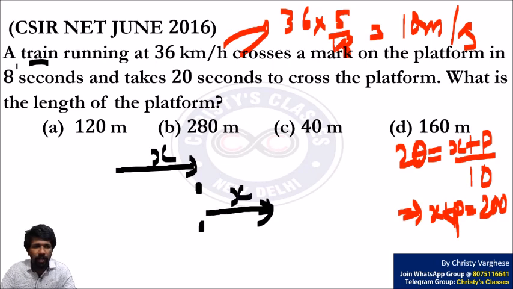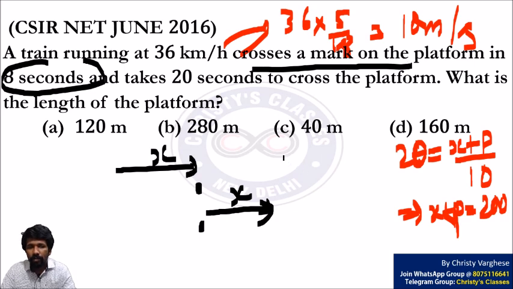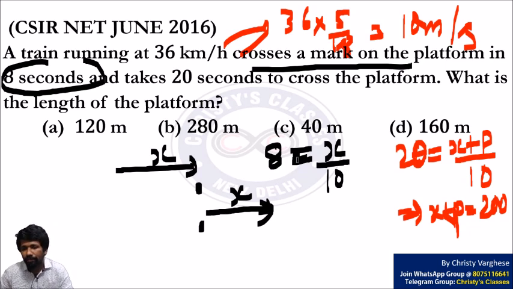That means in the second scenario, 8 seconds is taken to cross a mark on the platform. That means 8 is equal to, time is equal to distance by speed. Distance x by speed is 10 meter per second itself, because the mark on the platform is not moving. So only the train speed matters.